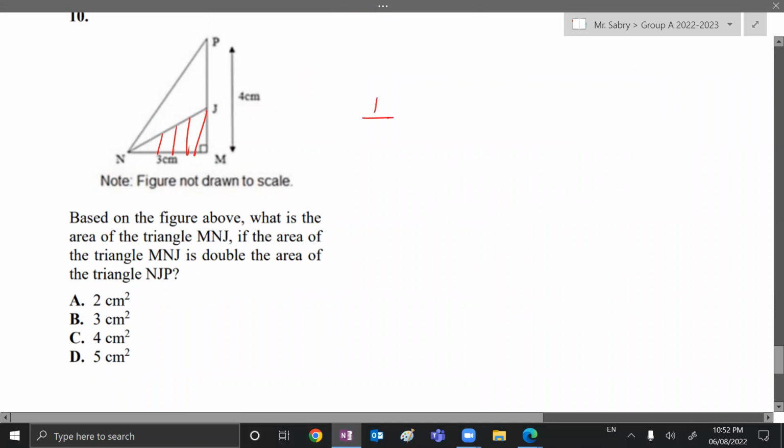I know that if I need to find the area, I need to find half times base times height. So when I look at the question, I do have the base, but I do not have the measure of the height. So that's what's missing now. Half times the base, which is 3, and I'm missing the height, and I'll try to get it. Now, how do I get it? When you look at this big triangle, this huge triangle, you do have a side here that's 3.